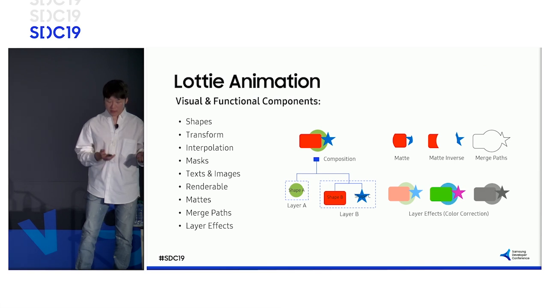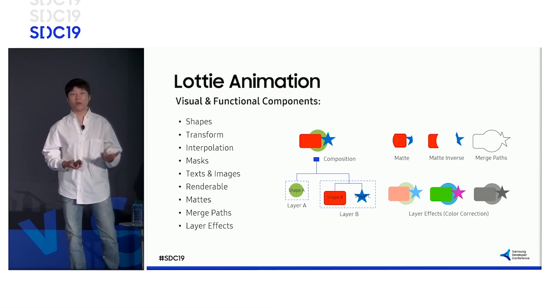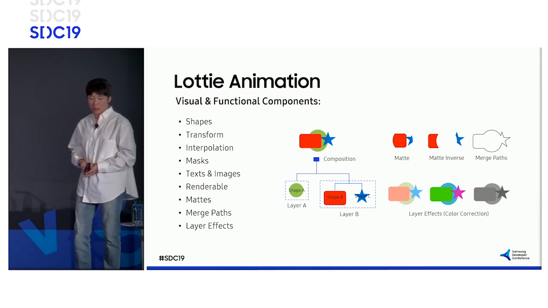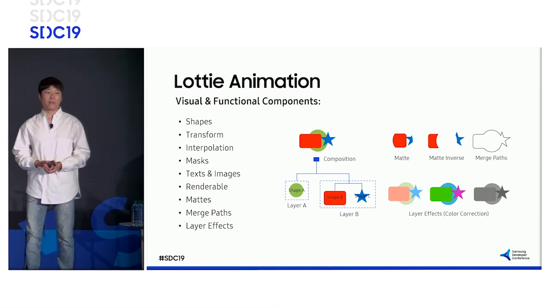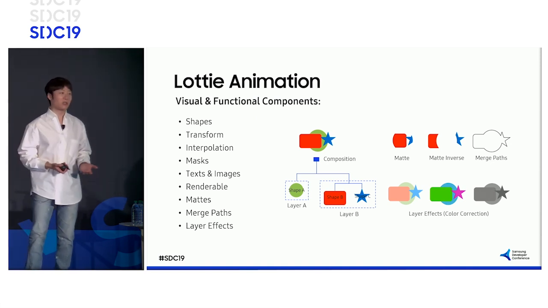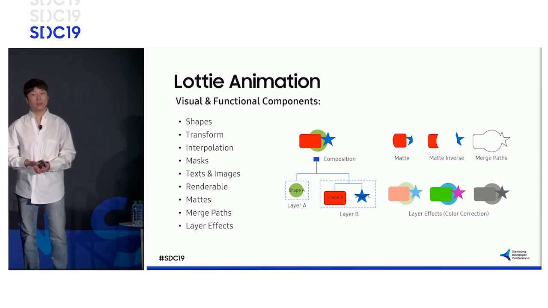And next, merge shape passes shapes together, as its name suggests. But it's not a recommended component either because it also requires complex logical computation at runtime. Even some platforms don't support this feature perfectly yet. Lastly, layer effect is a sort of filter effect of After Effects that provides color corrections, such as fill and tint, to layers.